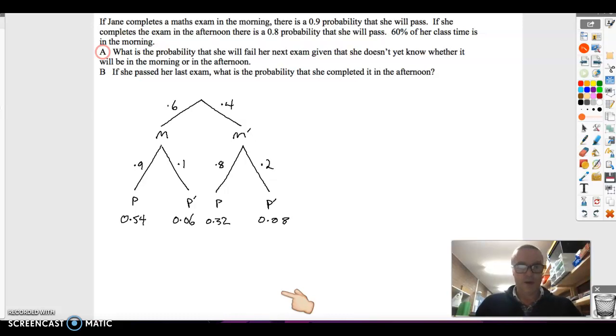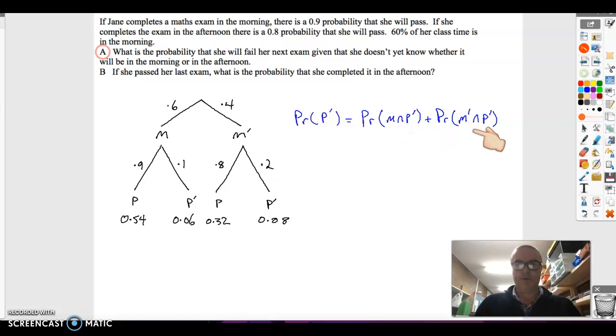First of all, what's the probability that she will fail her next exam? Not knowing whether it's going to be in the morning or the afternoon. There's two cases, two intersections where she will fail. So the probability that she will fail, you can see the way I'm using the notation here, will be the sum of two probabilities. There will be a probability that she'll fail in the morning.